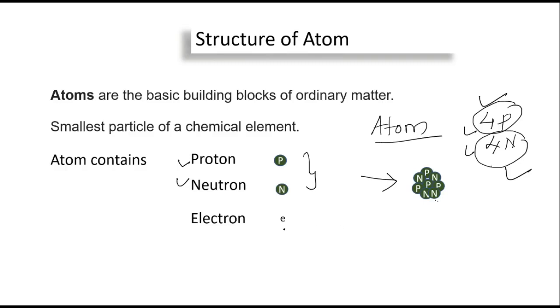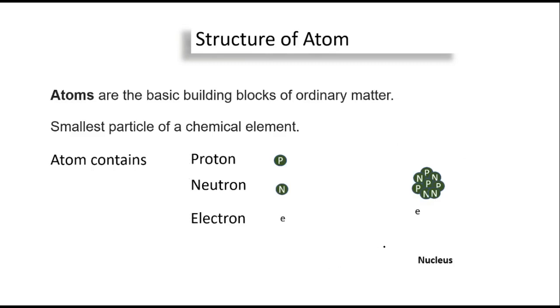Now where will the electrons be? The electrons will be around this. This particular part is called the nucleus. Like how we have studied the nucleus in the cell, right? Animal cell, plant cell, right? So atomic structure also contains a nucleus. And what is this nucleus made of?